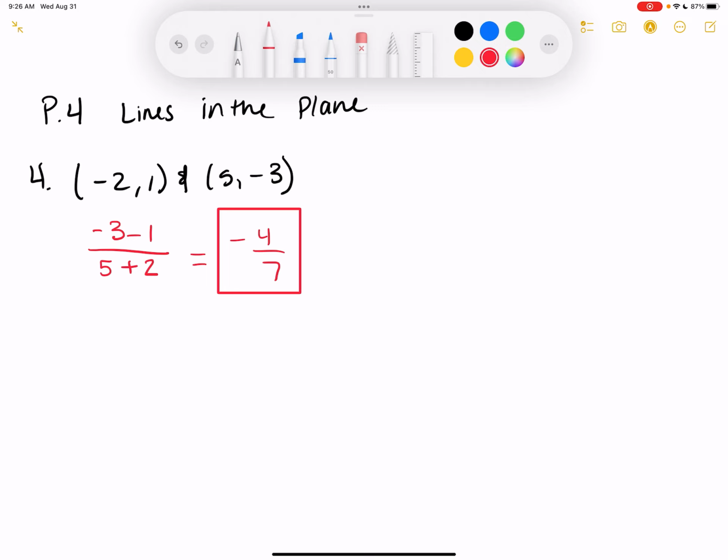Next one. Find the value of x or y so the line through the pair of points has the given slope. For number 8, we have the points (-2, 3) and (4, y), and the slope is -3.